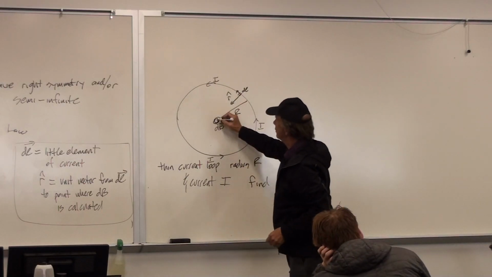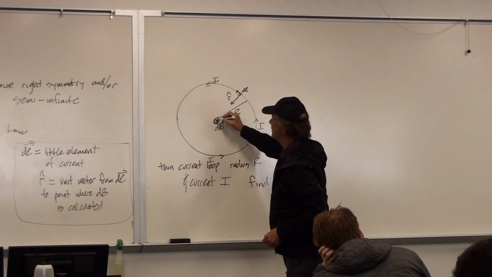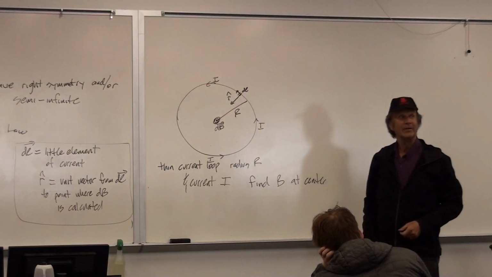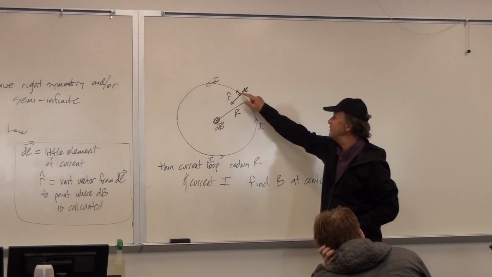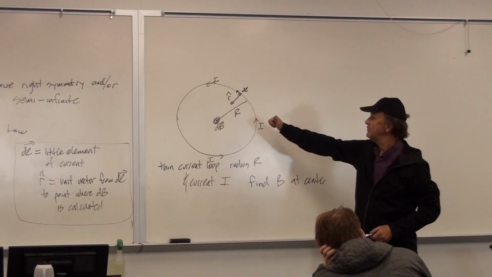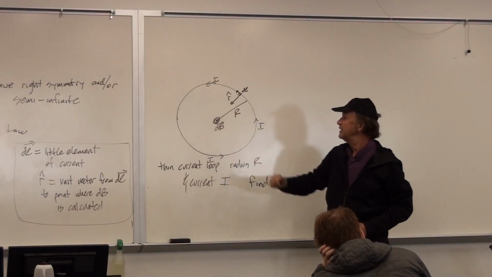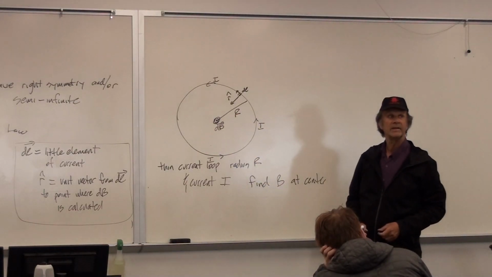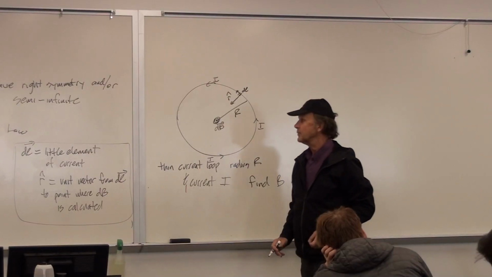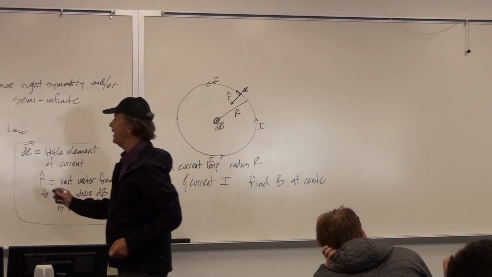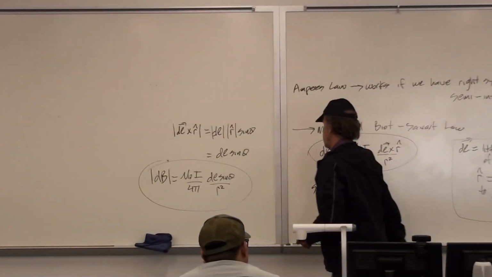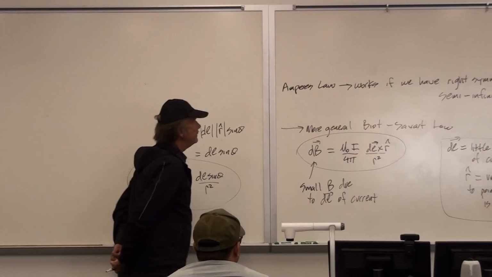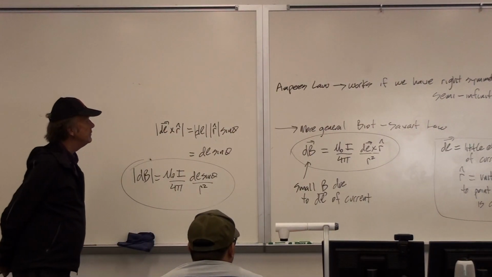And so that's the real reason why the magnetic field is coming out of the board: we found our dl, we found our r hat, we did the vector cross product of them, and we got the direction for dB out.